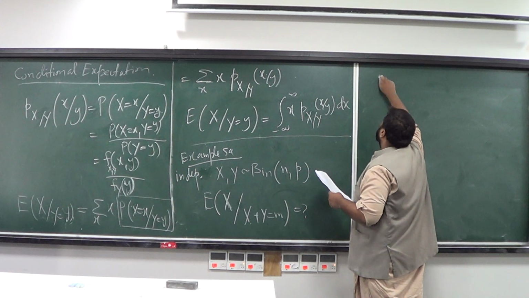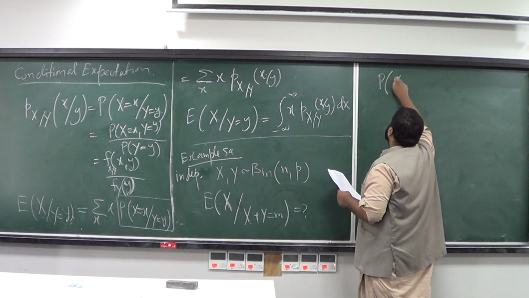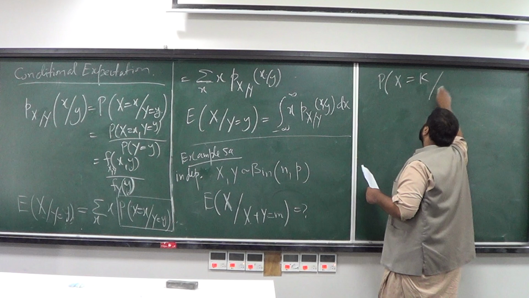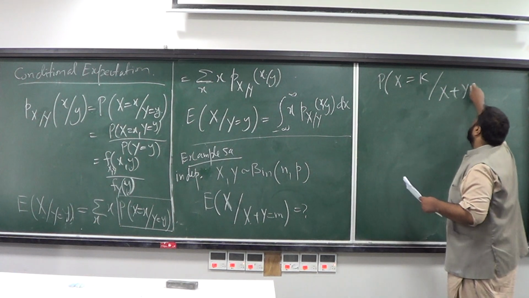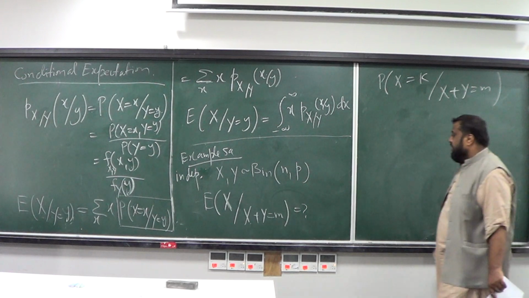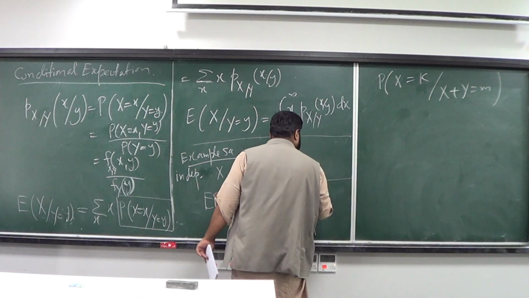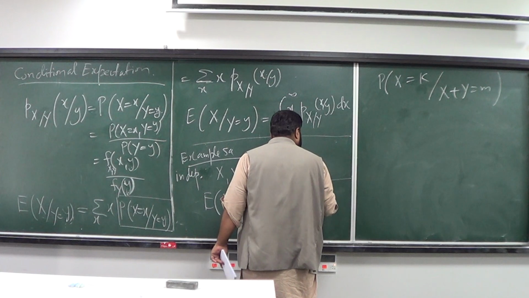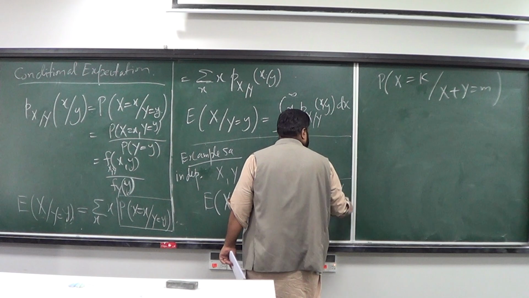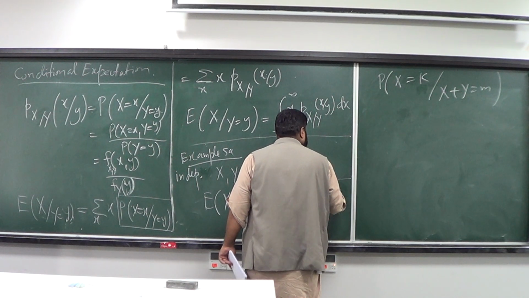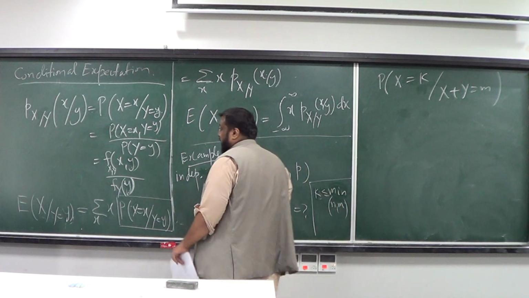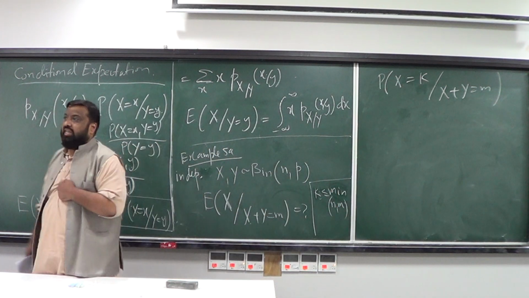So I want to compute the probability that X is k given that X plus Y is m, where k is some number that is less than or equal to the minimum of n and m.